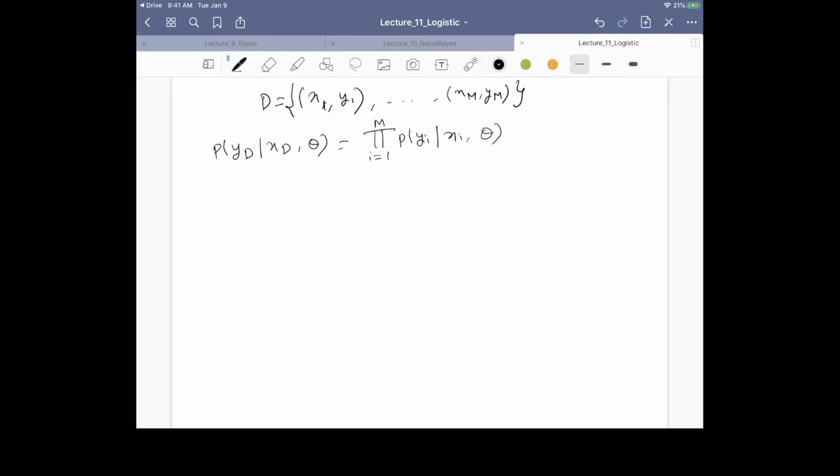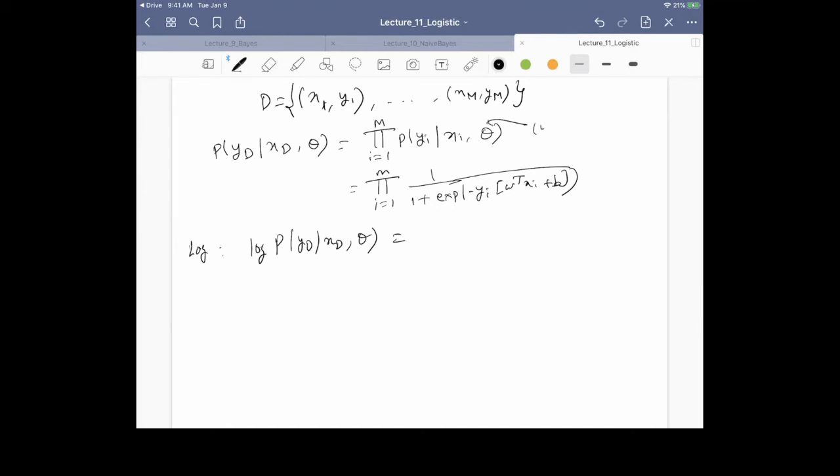And this expression is nothing but the product over i from 1 to m of 1 over 1 plus exp raised to minus yi multiplied by w transpose xi plus b. Now when we apply the log on both sides, we get the log of p of y given x comma theta, and here, by the way, theta is nothing but w comma b.